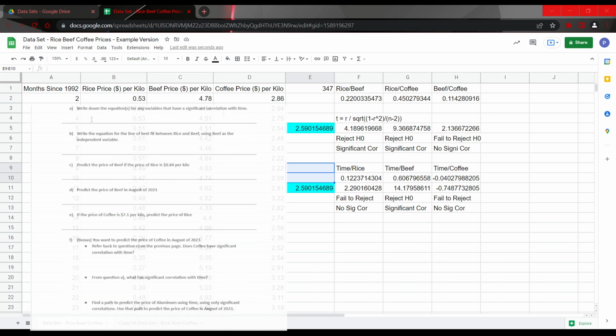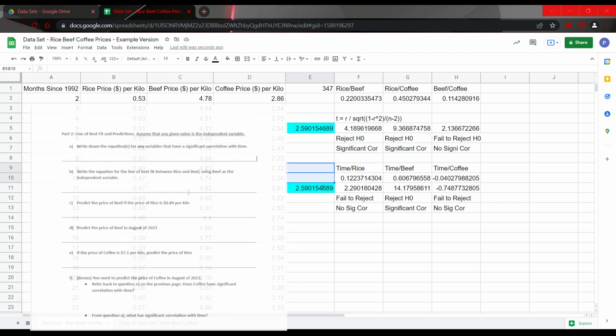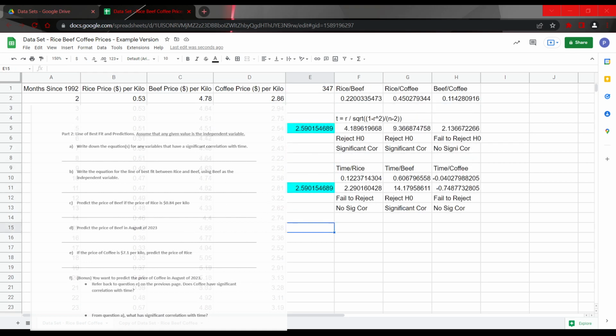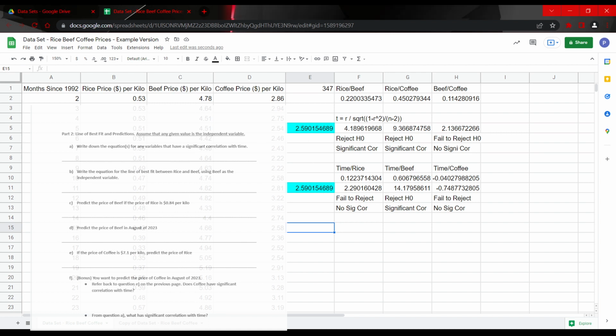Right, so part two, with lines of best fit and predictions. Scroll up a little bit. Okay. So my first question is about making an equation for any variables that have significant correlation with time. And so anytime I say write an equation, that is essentially I want you to write y hat.